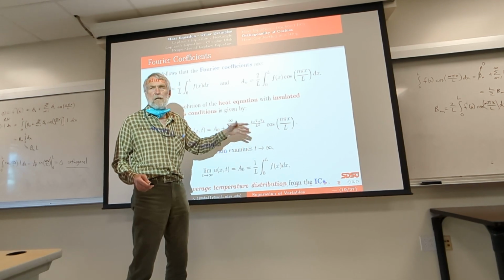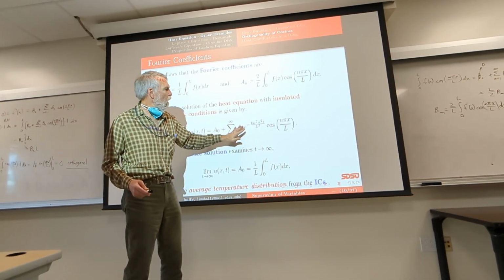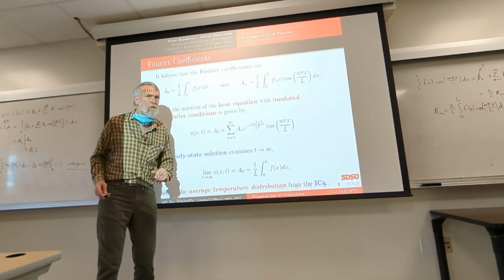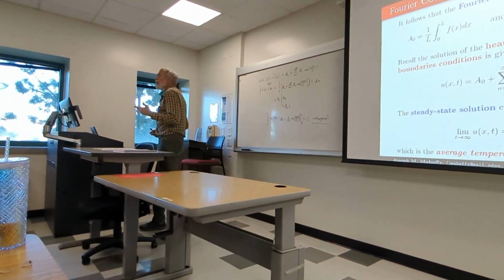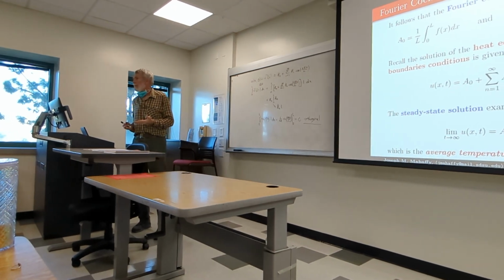We have exponential decay, right? So this part all goes to 0 for large time, so A0 becomes the solution for the steady state situation.